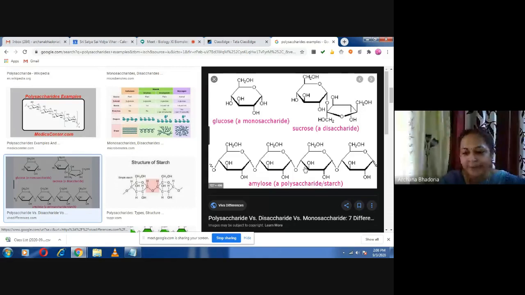And when such disaccharides, or more than two monosaccharides, join together, we get the polysaccharide, and starch is a polysaccharide. You can see here, you can draw the diagram of the starch. So draw these four monosaccharides. Can you all make it, children? Yes, ma'am. Okay, so draw it.